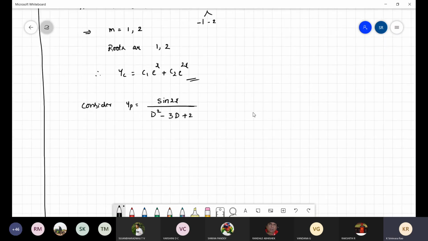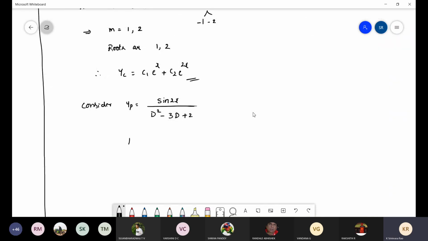Okay, so put d square equals minus of the coefficient of x, which is 2, squared, that is equal to minus 4. So that becomes sin 2x divided by minus 4 minus 3d plus 2.